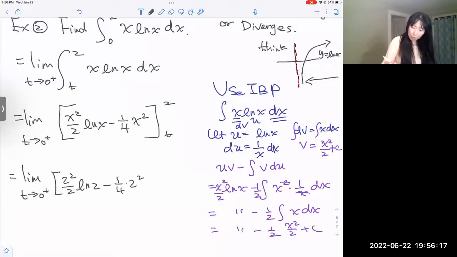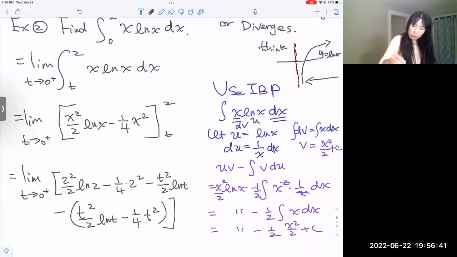Can you please calculate? And then t squared over 2 ln t minus 1 over 4 t squared.